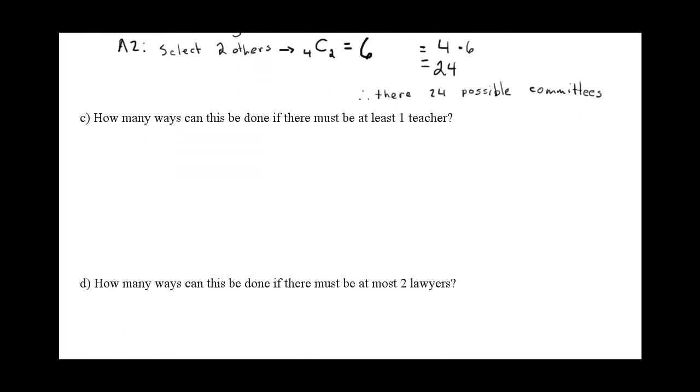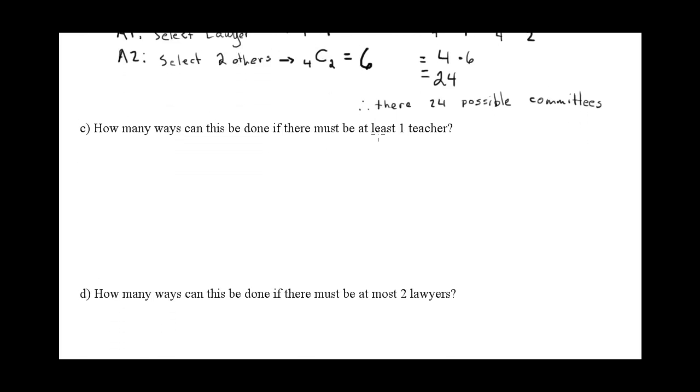How many ways can this be done if there must be at least 1 teacher? Okay, so the key words here are at least 1. So when you think of at least 1, what does that mean? That means 1, 2, or 3.